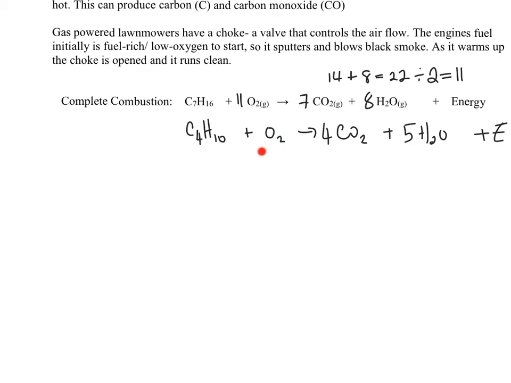You can't multiply a whole number by 2 to balance that. So what you always have to have on the right-hand side, the products, is an even number of oxygens.